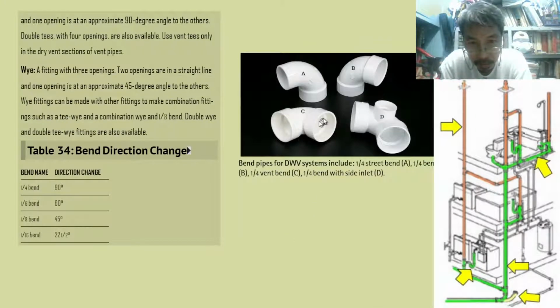Okay, so letter C, hub on both openings. But this is another hub, so there are 3 openings, 1, 2, 3. All of them are hub openings. So take note, we have a hub in this opening here.